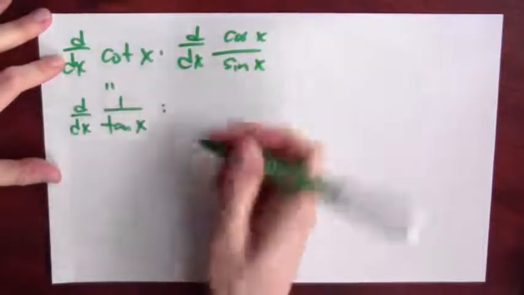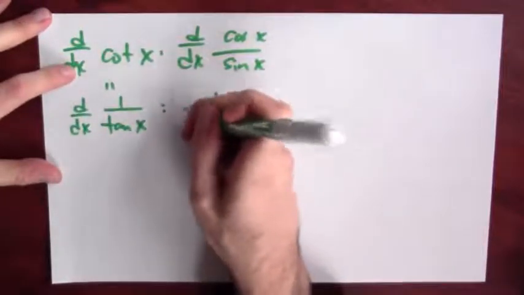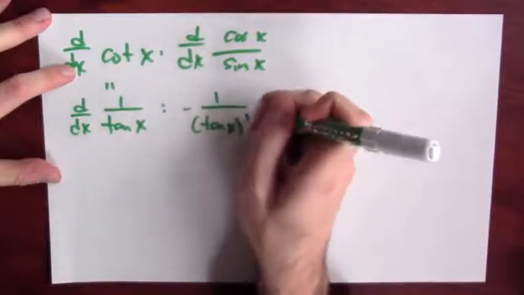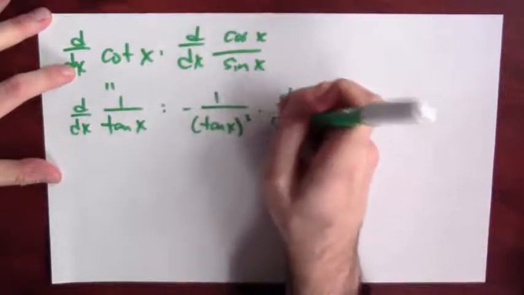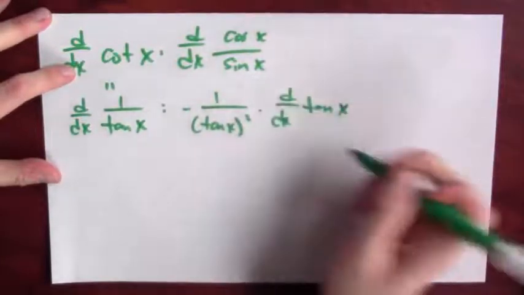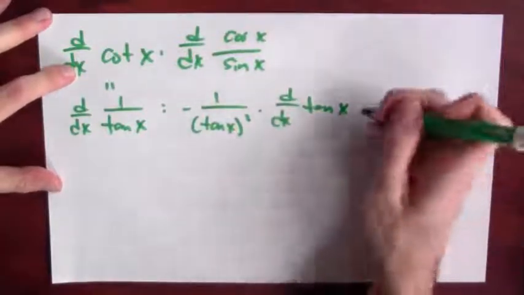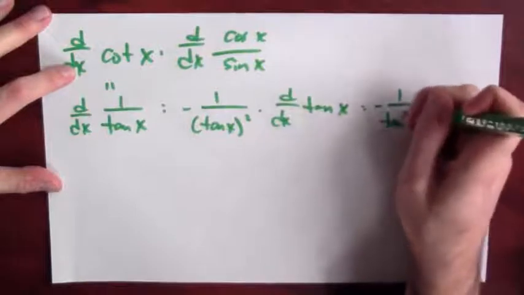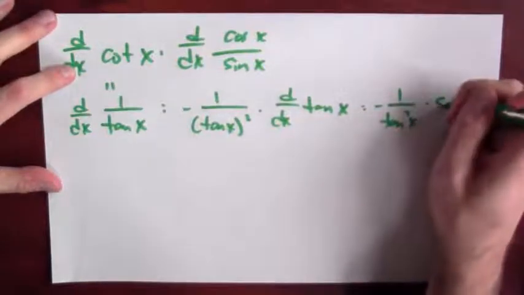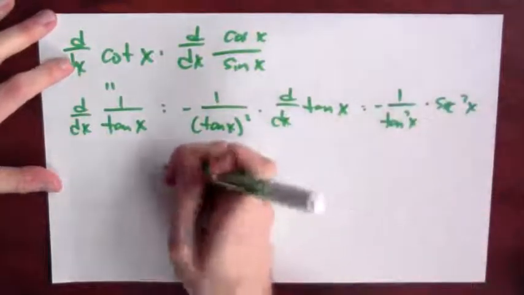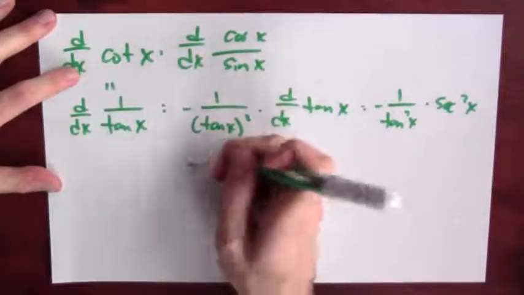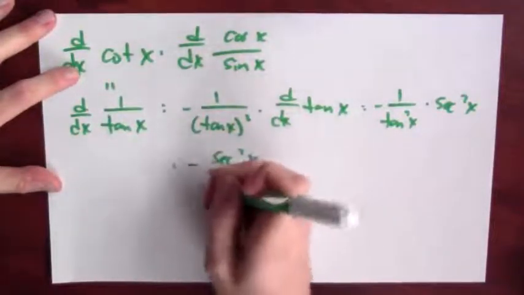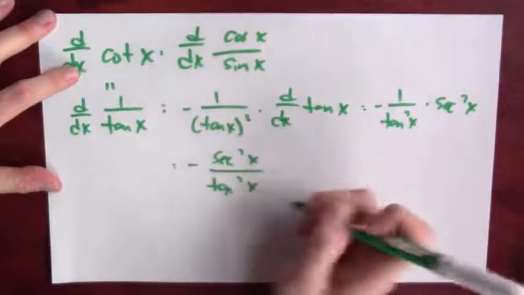To differentiate 1 over something, that's negative 1 over the thing squared, times the derivative of the inside function, which is tangent x. And I know the derivative of tangent x, that's secant squared. So this is negative 1 over tangent squared x times secant squared x. And that means the derivative of cotangent is negative secant squared x over tangent squared x.